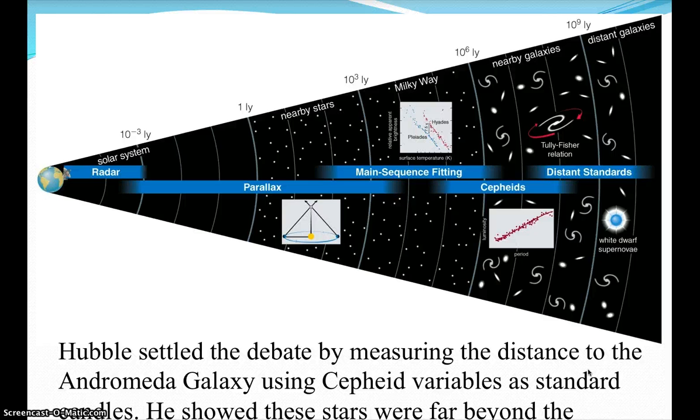And what he found was it was about 200 million light years away from us. So it was well outside of the Milky Way galaxy. So this was really a breakthrough because it proved that the Milky Way galaxy wasn't the only galaxy. There were millions and millions of other galaxies, just like our own Milky Way, that we were looking at in the sky.